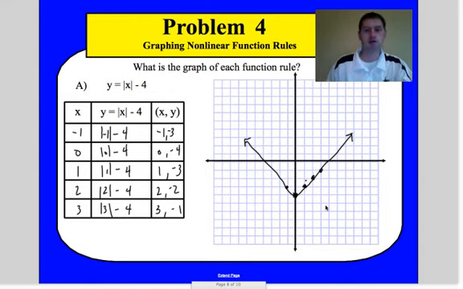But that's what you do for nonlinear. This one's not a straight line, it's actually a V. There's a sharp turn right there, and that's how you make that graph. You pick x values, you evaluate them out to get your y values, you make coordinates, and then you plot those and connect the dots.